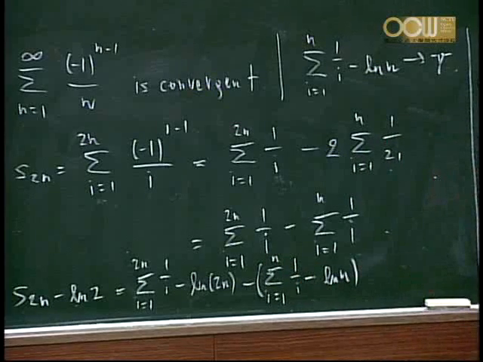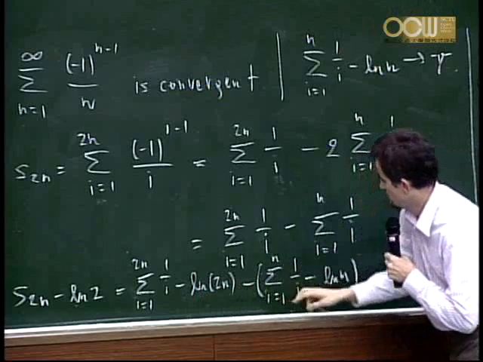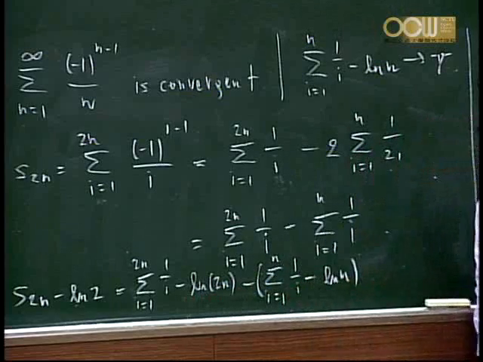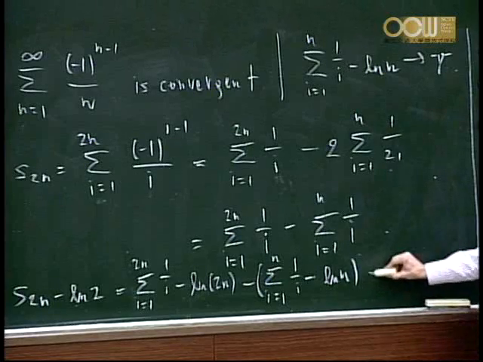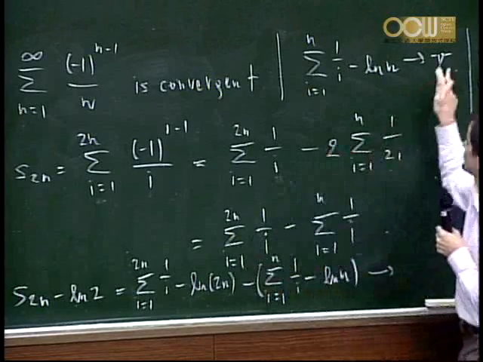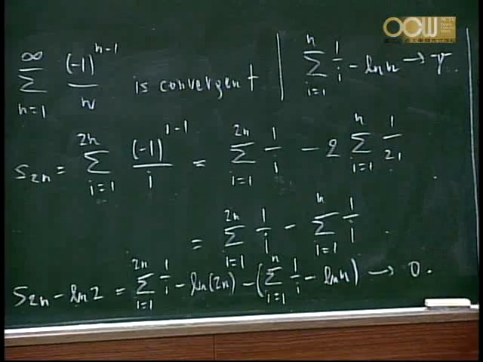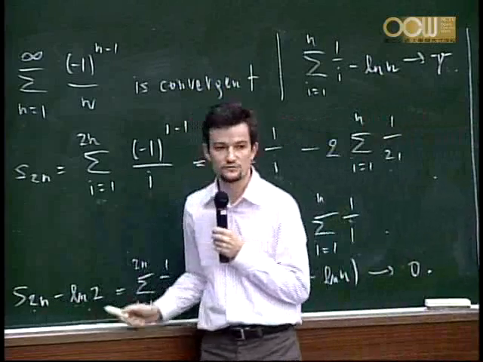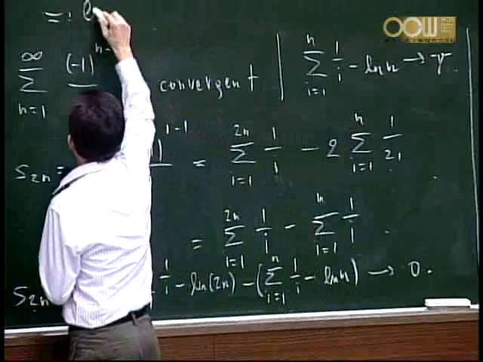Now everything is okay, because here minus ln of 2n plus ln of n is minus ln of 2. And now as n tends to infinity, this here will go to gamma. This will go to gamma as well. So this goes to 0. Okay, so the limit here is ln of 2. So we know that this series has the value ln of 2.